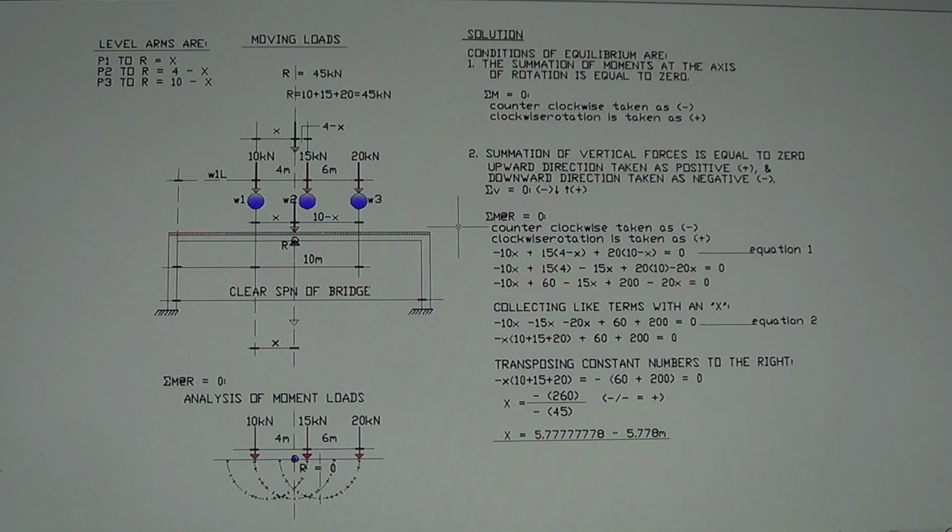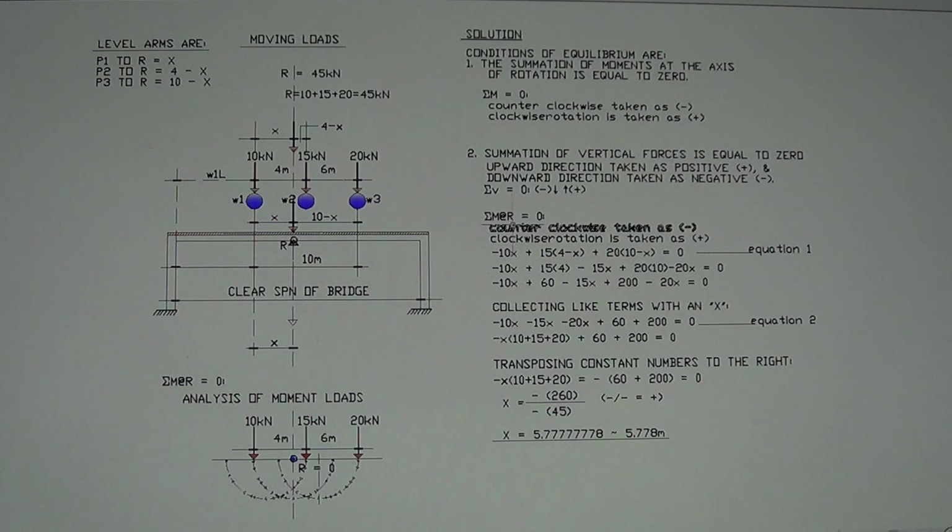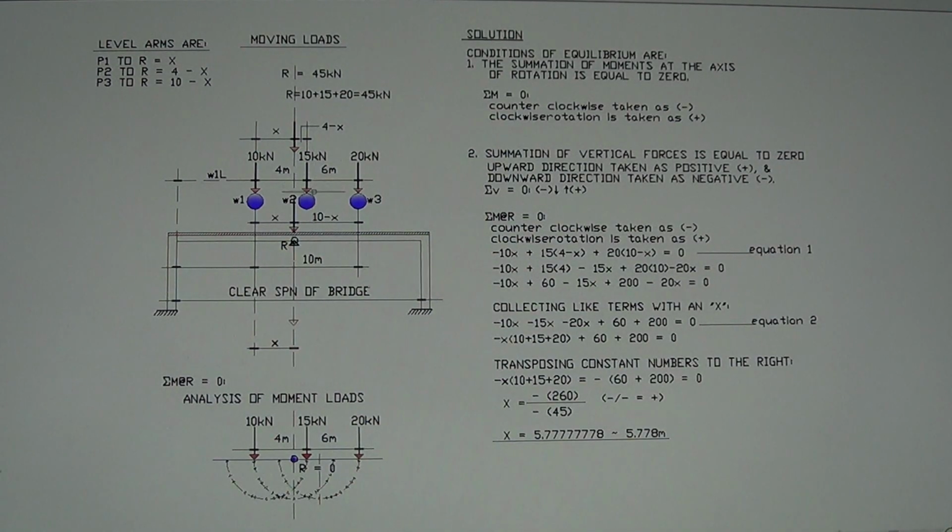So therefore taking moment at R is equal to 0: for the 10, the lever arm we calculated is X, plus 15 times (4 minus X), and then 20 times the lever arm, so (10 minus X), is equal to 0, and that is your equation 1.